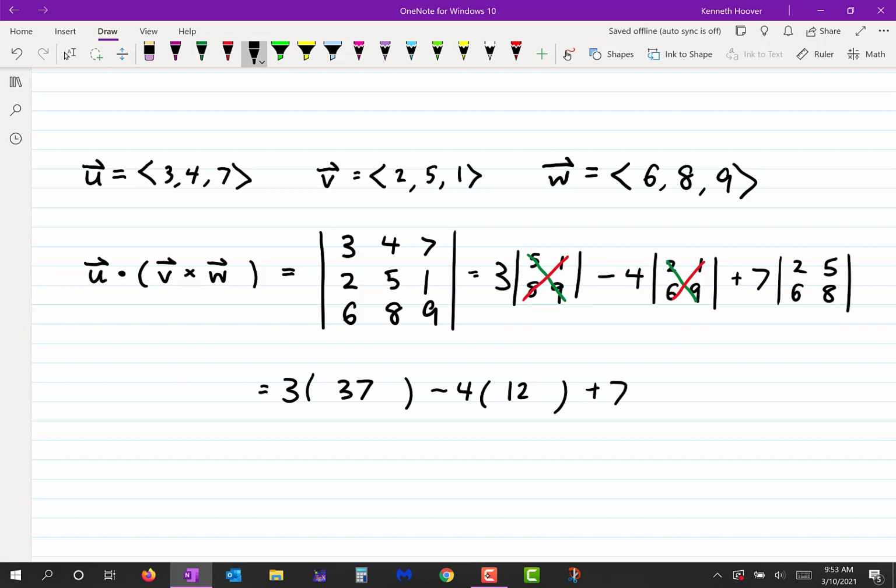Plus 7 times 16 minus 30, which is negative 14. Let me quickly calculate that.